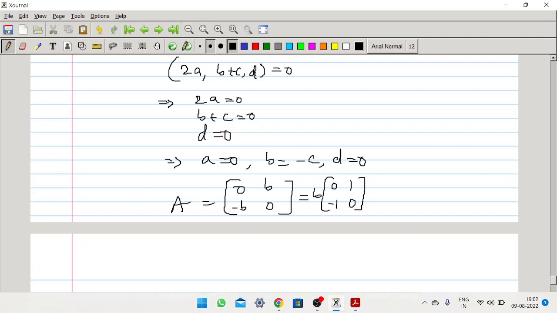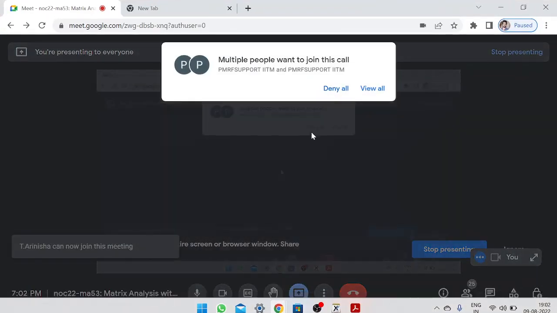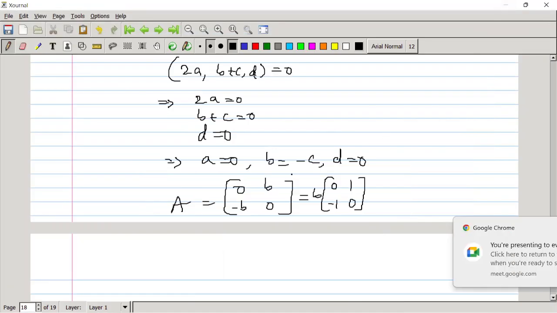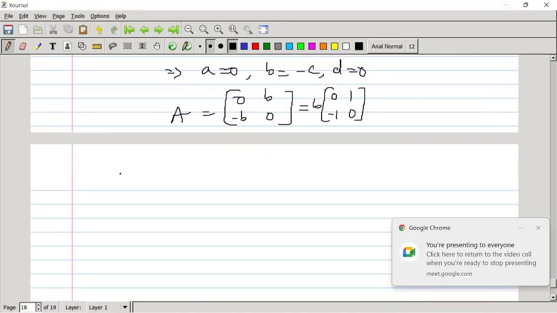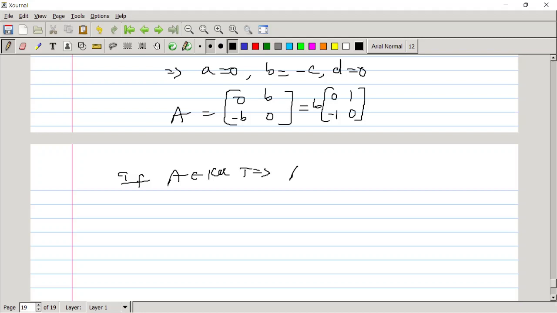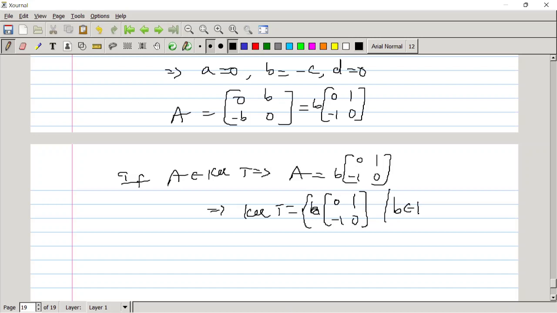From these calculations what we can understand is, whenever A belongs to kernel T, that implies A has to be a linear combination of this matrix (0, 1, minus 1, 0). That implies kernel of T is nothing but the collection of the elements b times (0, 1, minus 1, 0), such that b belongs to real numbers.